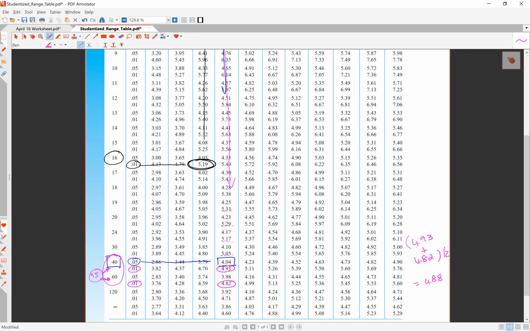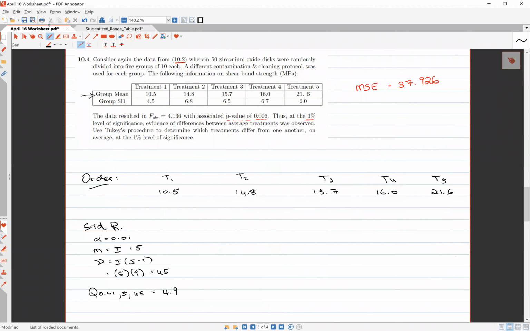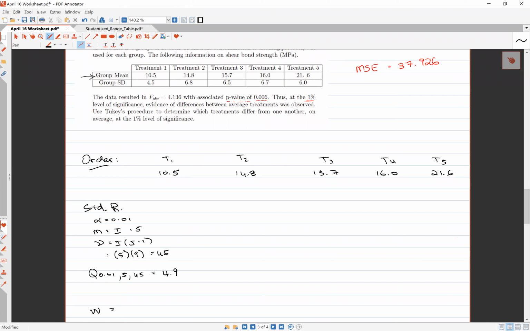It needs to be on the 4.93 side, higher than this to be close to 4.93. If you remember the formula for linear interpolation, feel free to use that. But just eyeballing and saying this will be approximately 4.9 should work in this situation. So there's our Q value. And that was the only add-on to this problem, not being able to read an exact value from the table. So now we can calculate our width.